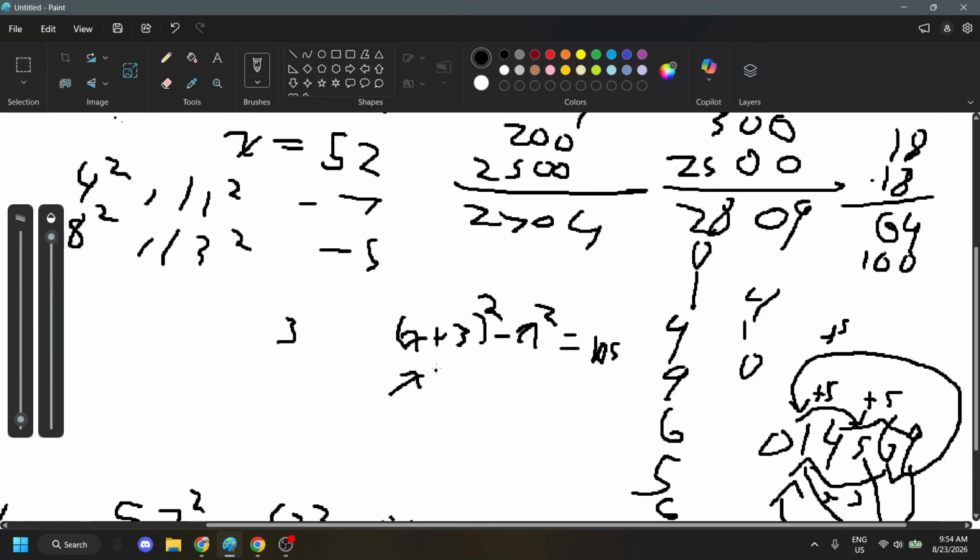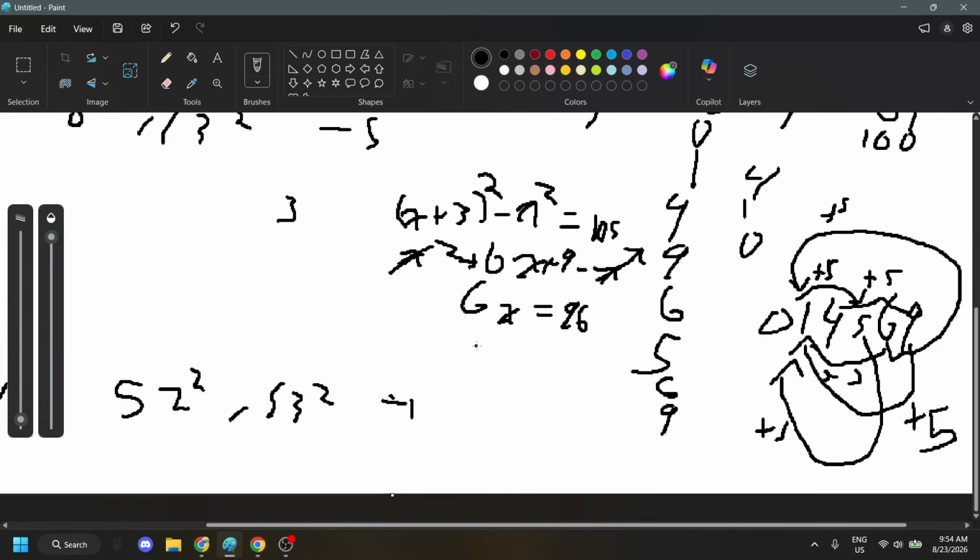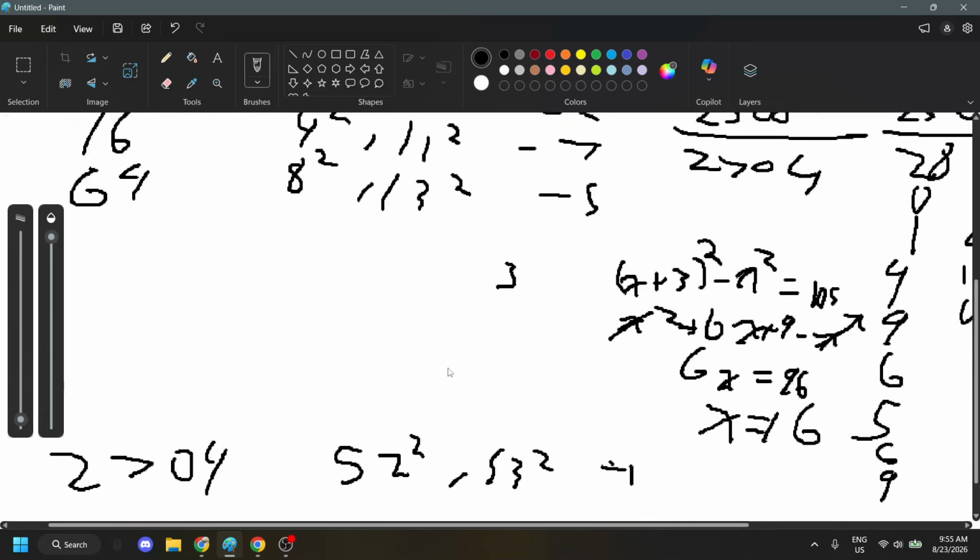So we have x squared plus 6x plus 9 minus x squared. Cross these out. 105 minus 9 is going to be 96, so 6x is equal to 96. 96 is in fact a multiple of 6. It's going to be 10 plus 6 is equal to 16. So 19 and 16.